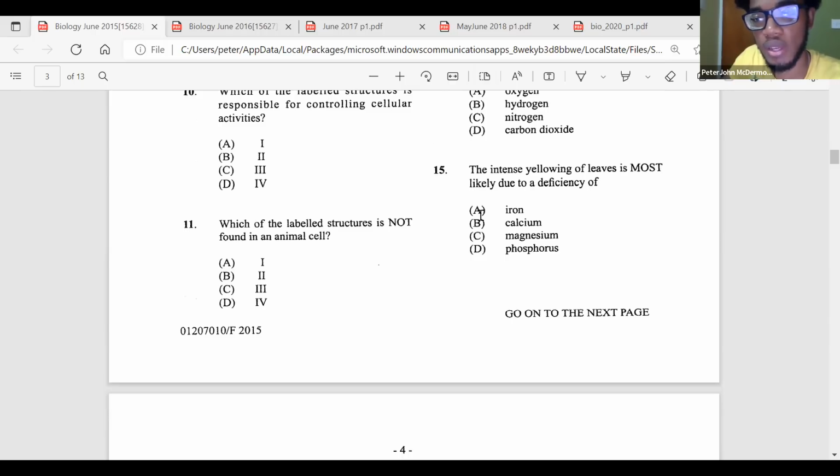Next, the intense yellowing of leaves is most likely due to a deficiency of, give it 5 seconds. Just drop answers in the chat, guys. All right, let me give a little help. What color is a leaf typically?